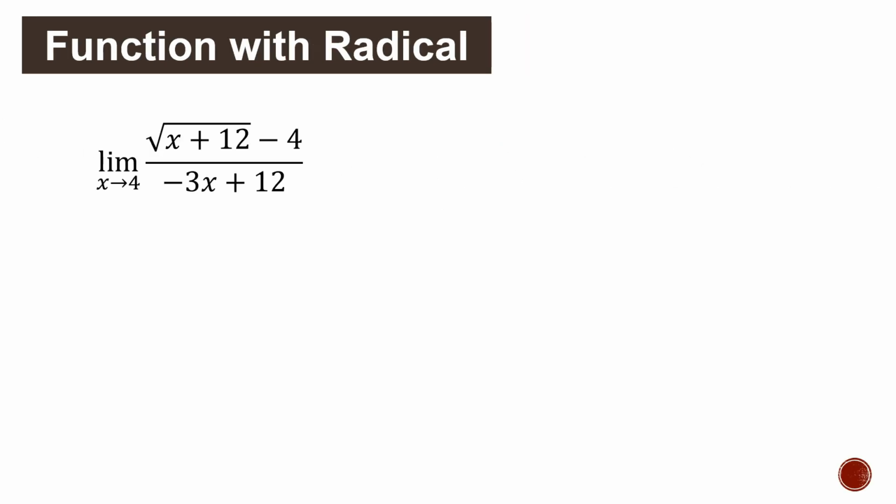Okay, so here I think what we need to do is multiply both the numerator and the denominator by the conjugate of the numerator. So the conjugate of that is x plus 12, and that's a minus, so this is plus 4. And then let's factorize the denominator. It's negative 3 times x minus 4, right?